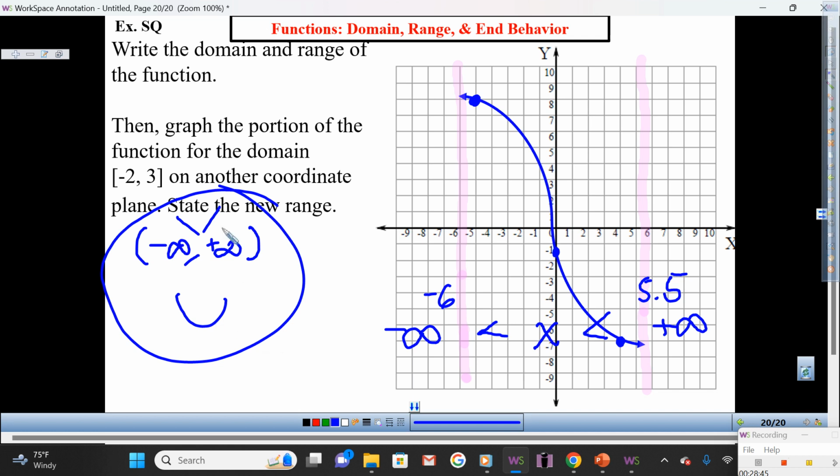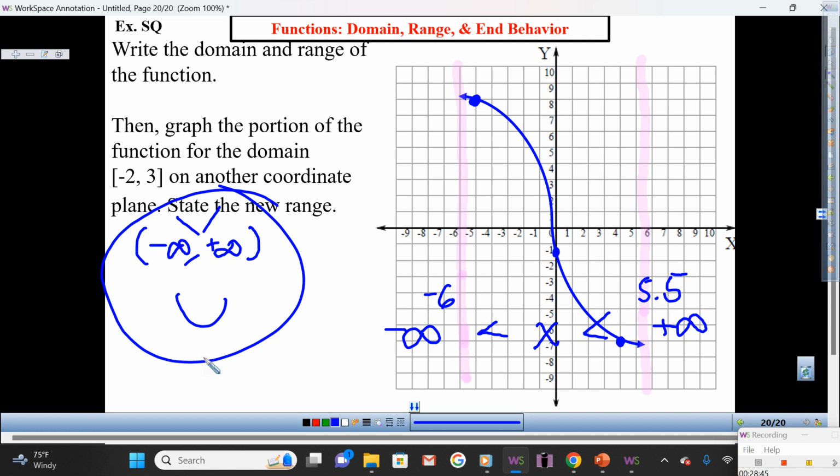But look at the next portion. Graph the portion of the function of the domain -2 to 3. That means, let me put it in your terms. You guys know when you take a picture, you go to edit and crop it, what do you do? Grab the corners, right? They want you to crop that function to -2, 3.